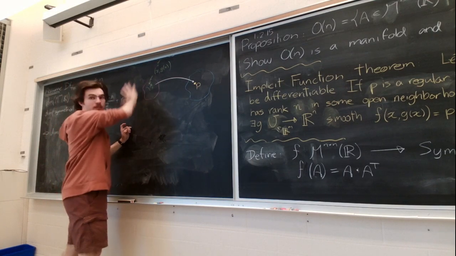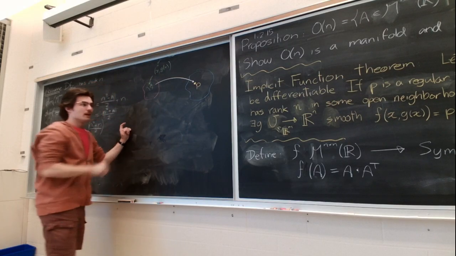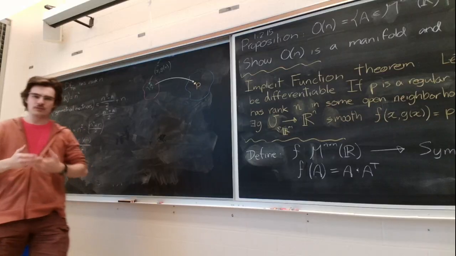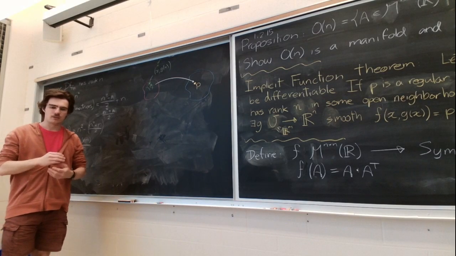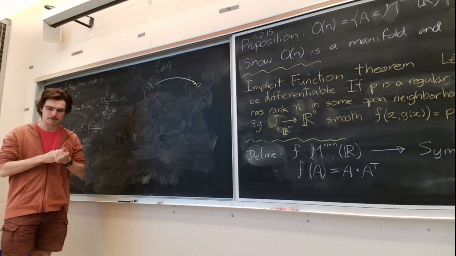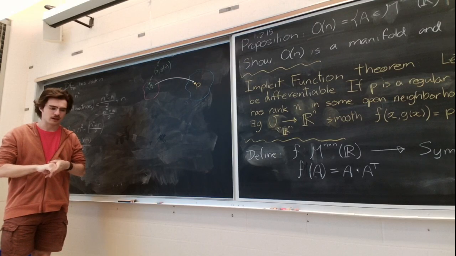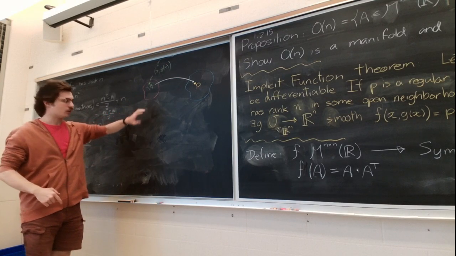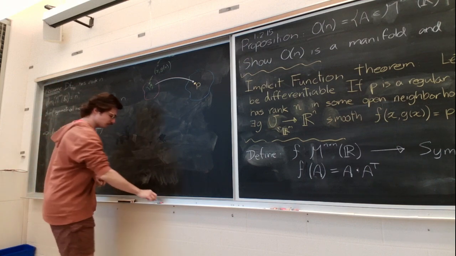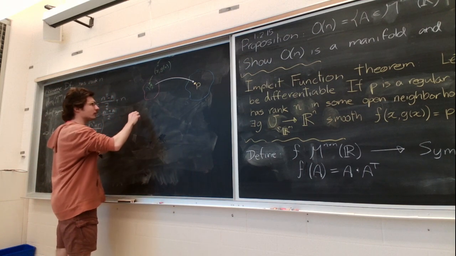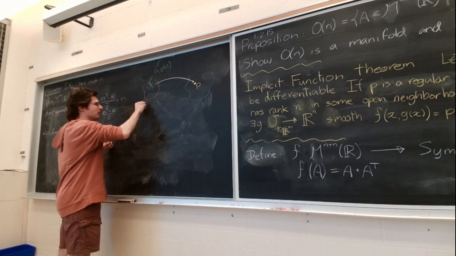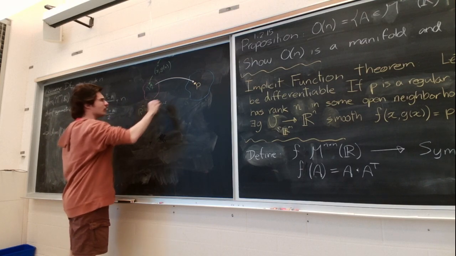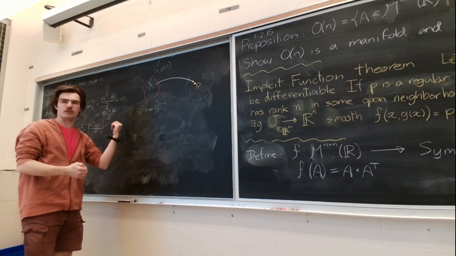So this implicit function theorem gives me a way to get a coordinate chart going from R^m into this R^(m+n). So this is kind of the inverse of a coordinate chart.